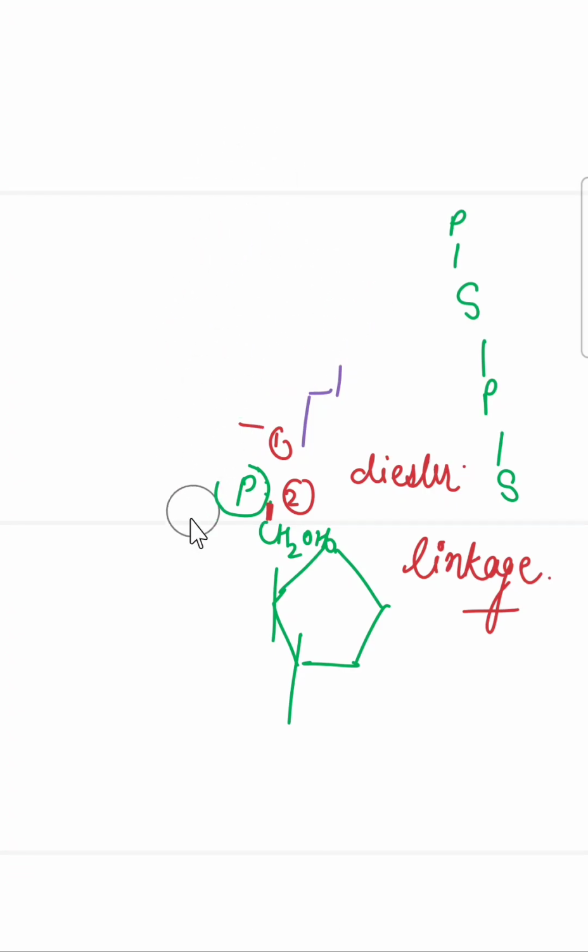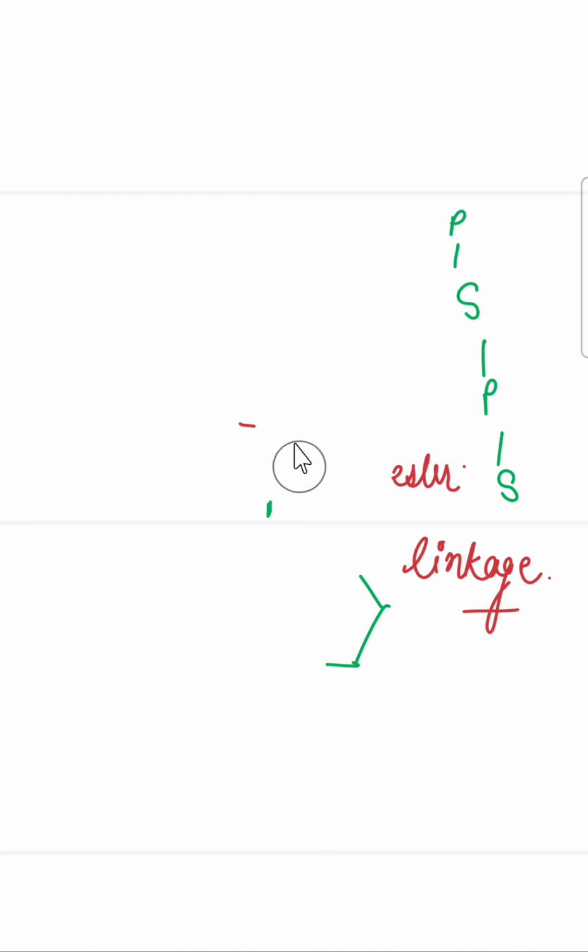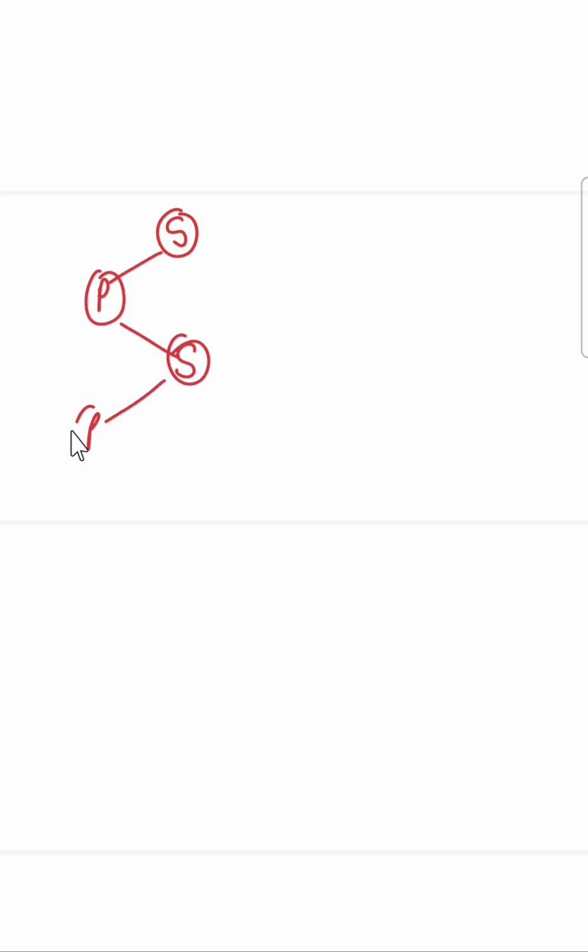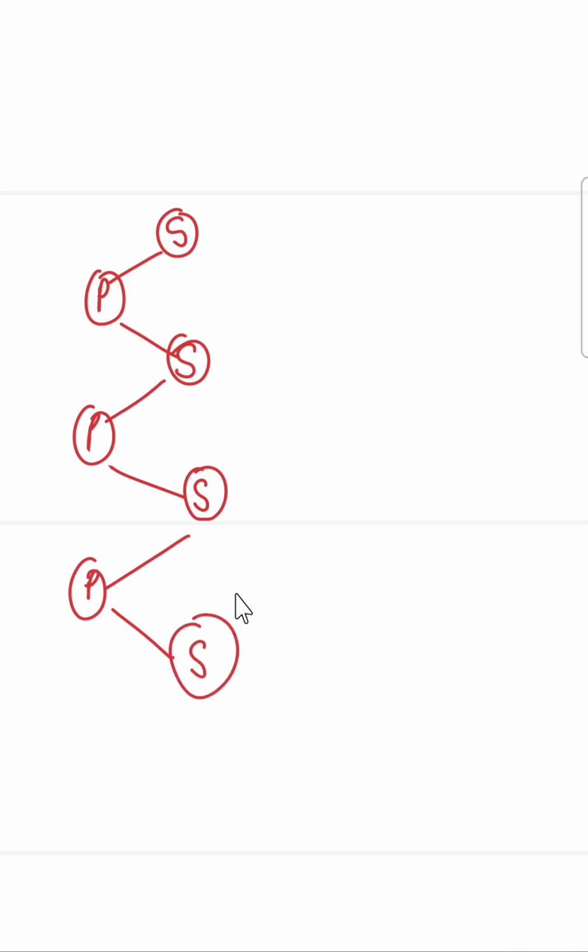Now let's start with the structure of DNA. Let's draw a little bit of the double helical structure. Simple. Draw sugar, phosphate, sugar, then phosphate, then sugar, then phosphate, then sugar.